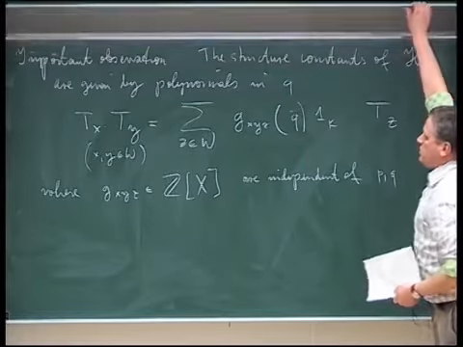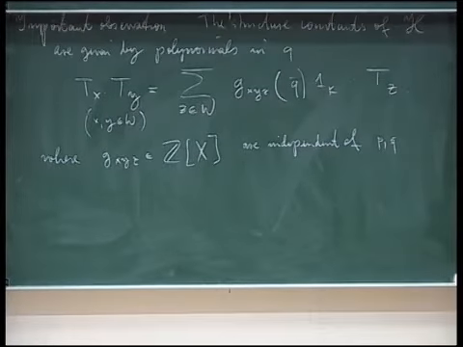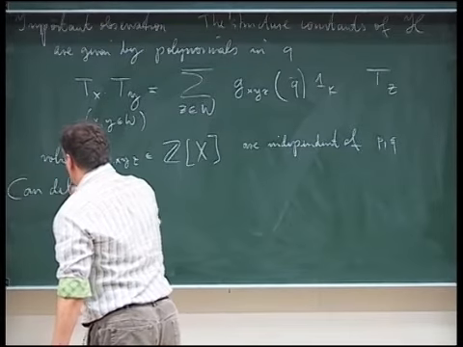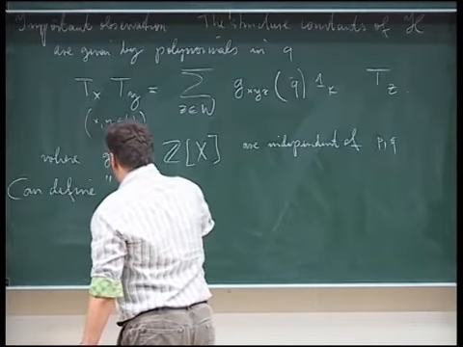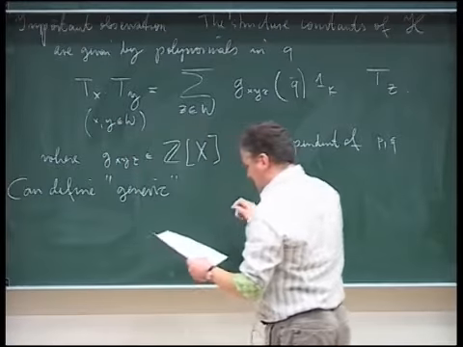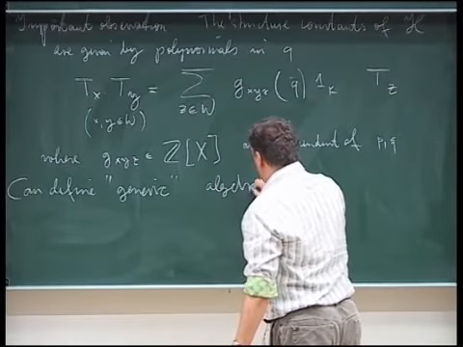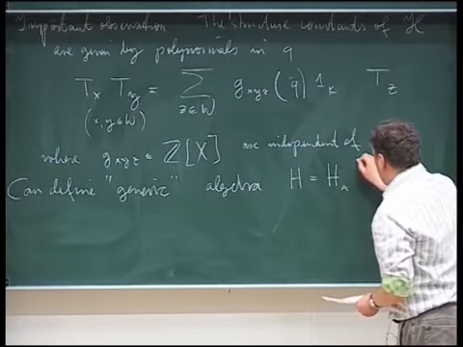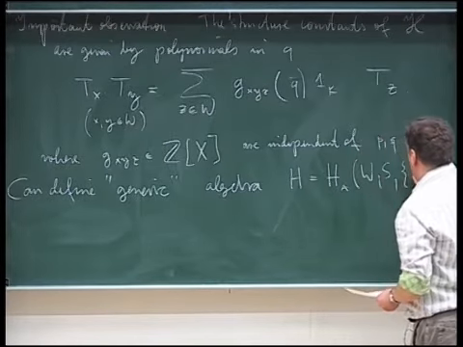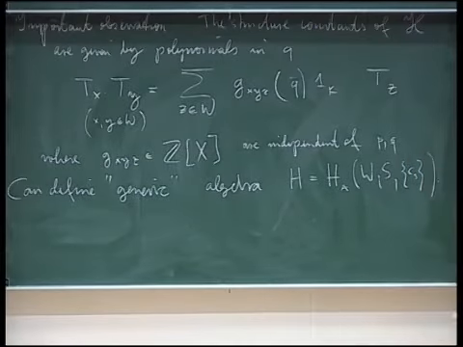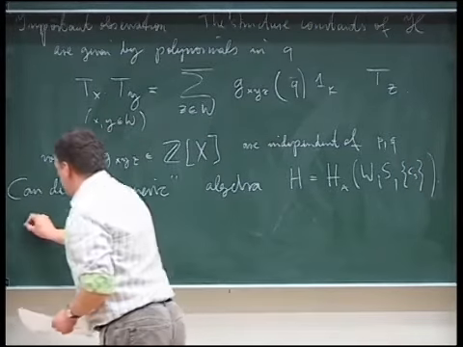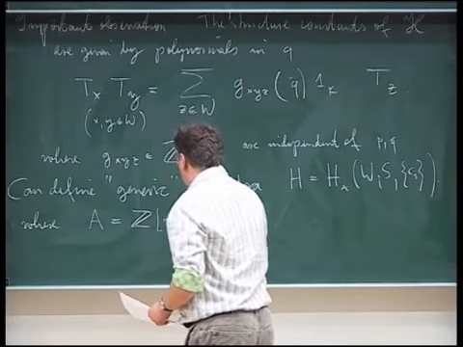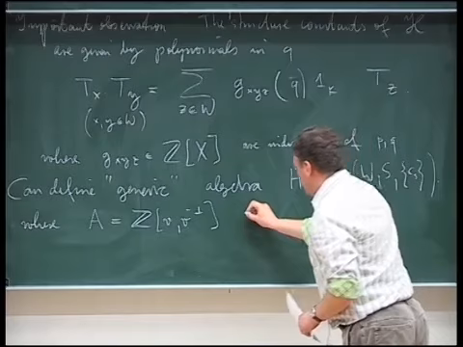So this observation then makes it possible to define a generic algebra. You would call it generic algebra. So let's call it H. So where for A we take as base ring a ring of Laurent polynomials.